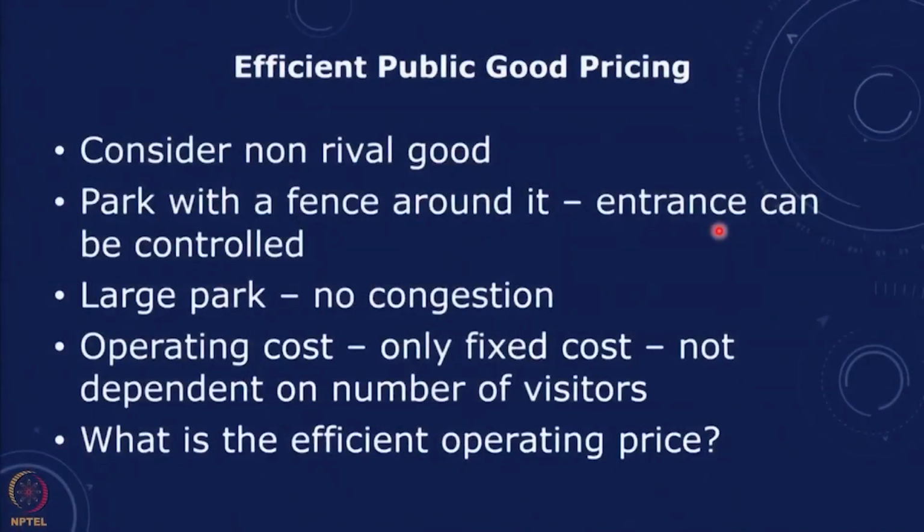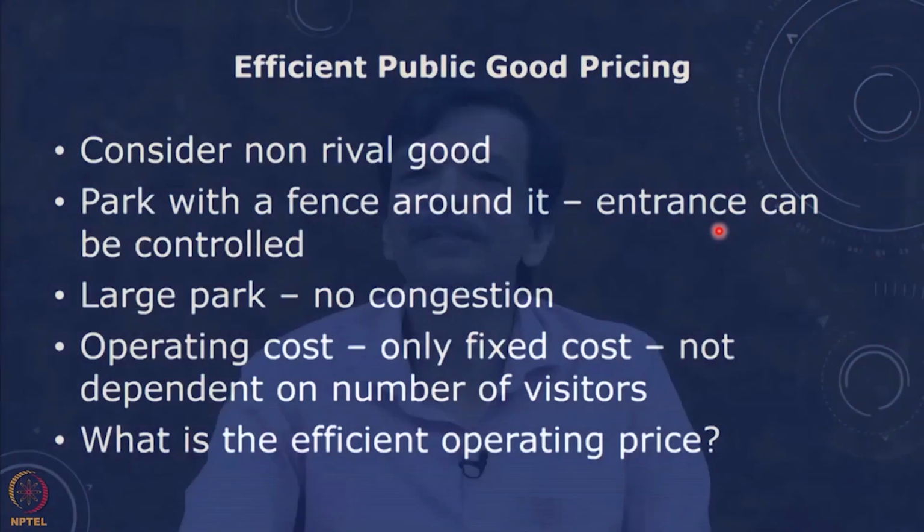Now, let us make another simplifying assumption that the operating cost is only a fixed cost and it is not dependent on the number of visitors. So, let us say that fixed cost is subsidized or provided by some company as a part of its CSR, or by the government, and we want to know what is the efficient operating price.